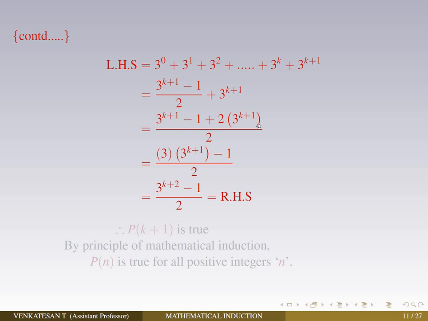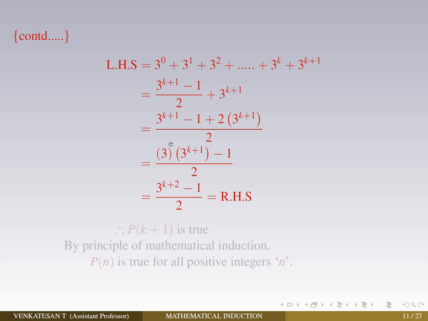Here I am just taking 3 power k plus 1 common from first and last term. On the first term I will be having 1, on the last term I will be having 2. So 1 plus 2 becomes 3 here.